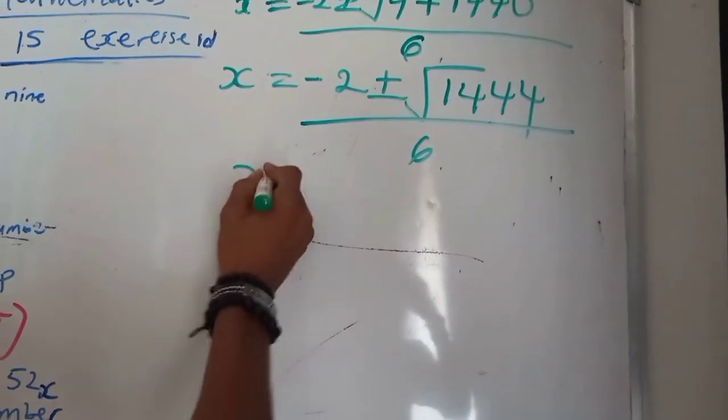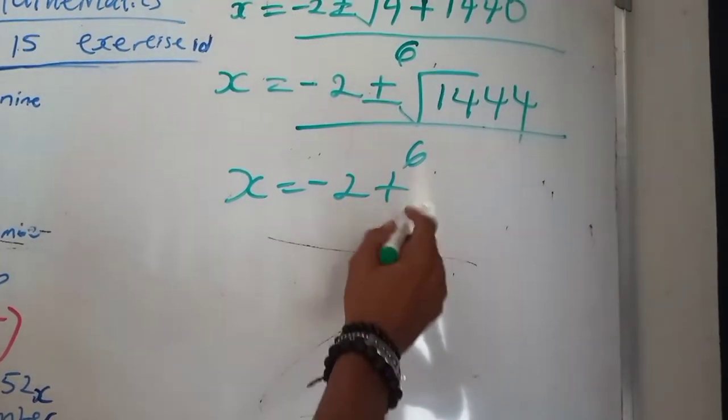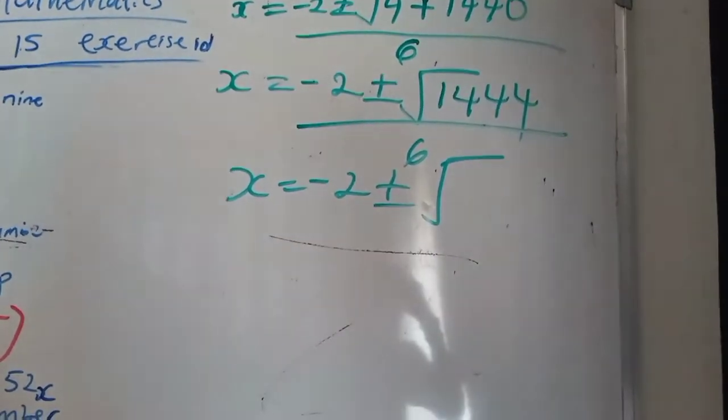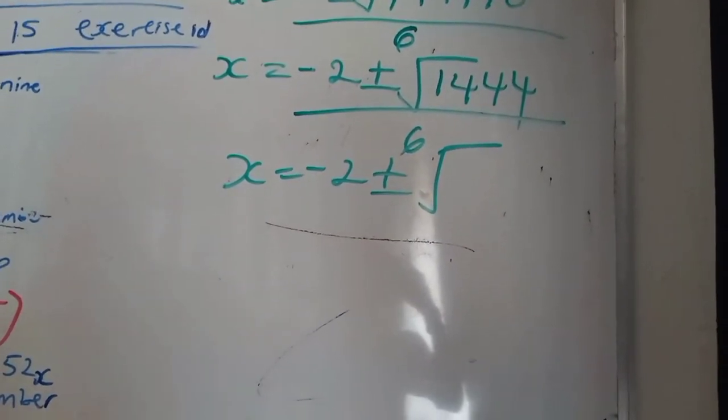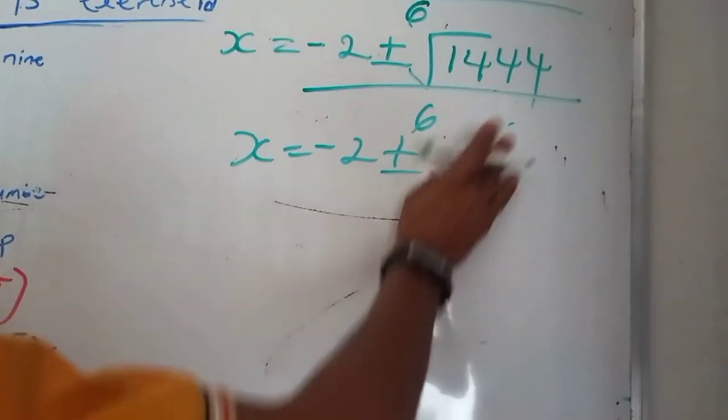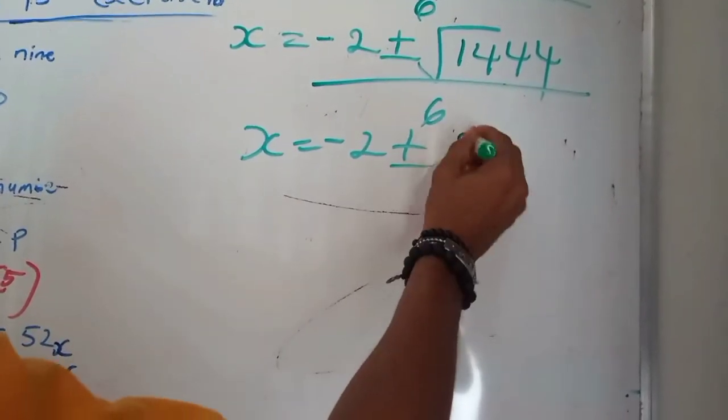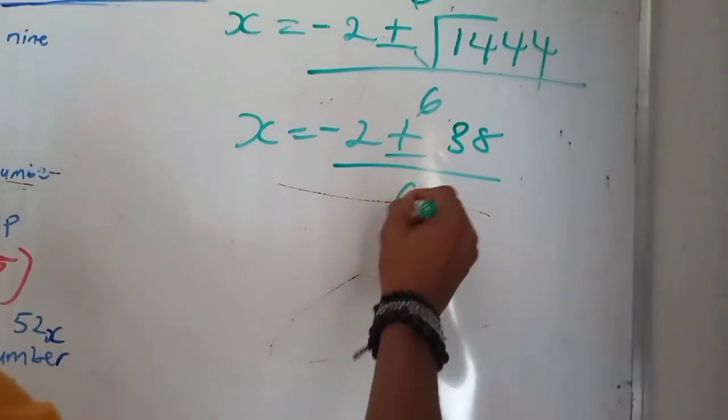So x equals minus 2 plus or minus the square root of 1444, which is 38, over 6.